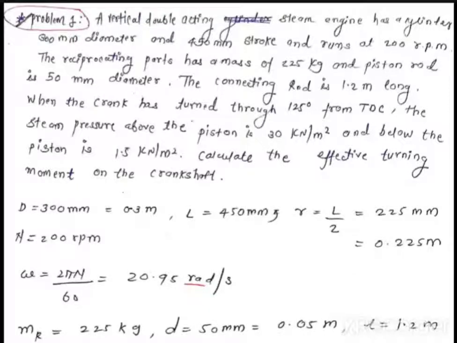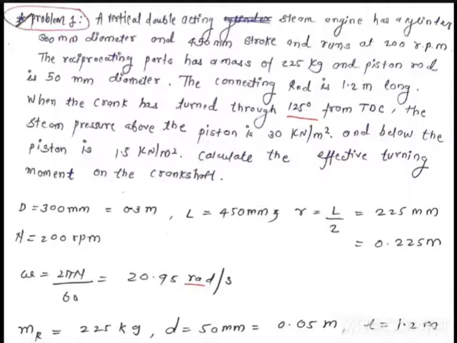Then the crank has turned through 125 degrees from TDC. What does it mean? The piston is moving from TDC to BDC, right? So 125 degrees is nothing but theta. The crank has turned through 125 degrees from TDC, which means the piston will move from TDC to BDC.